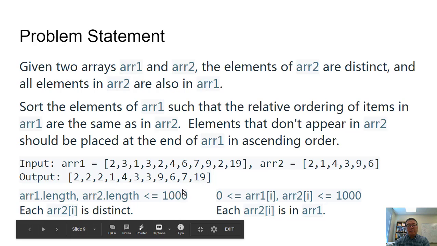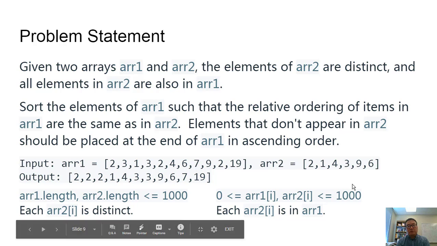But one can do better than a quadratic algorithm. So let's try to solve the problem assuming these parameters are, say, 10 to the 6, 10 to the 7. So both the length and the numbers can, let's say, go up to 10 to the 6. How would you solve that problem then?